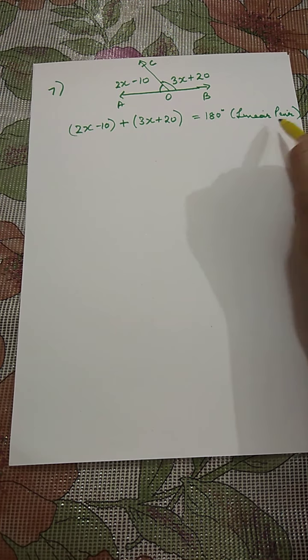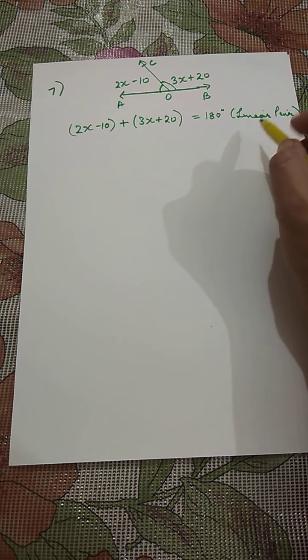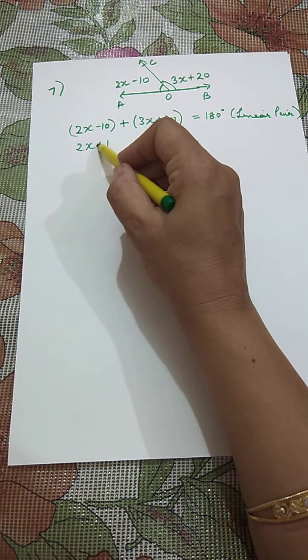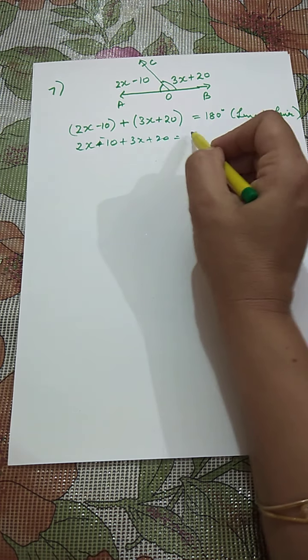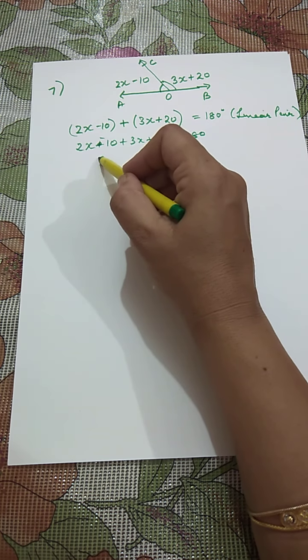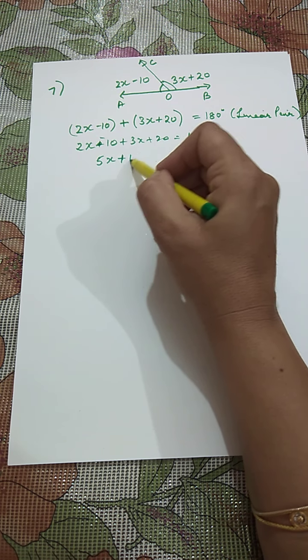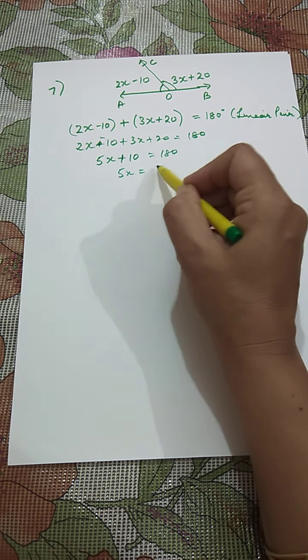Students, make sure you write the reason with it whenever you are writing that it is equal to 180. Now, as you are solving the linear equation, I am first opening the bracket, then adding all the x terms together and solving the non-x constants.